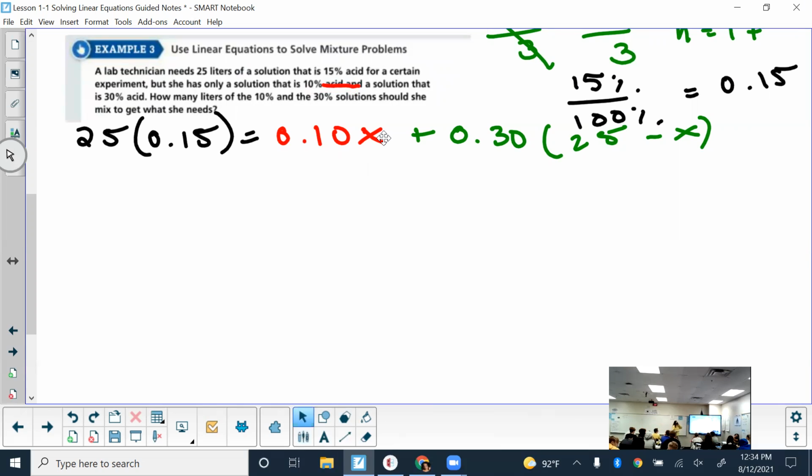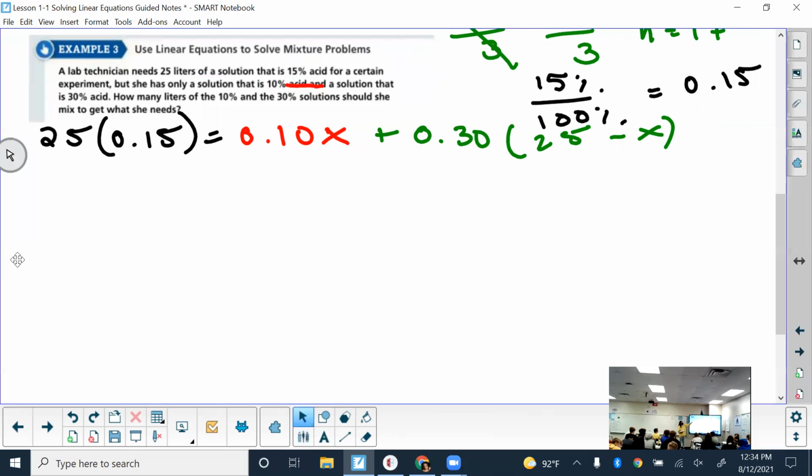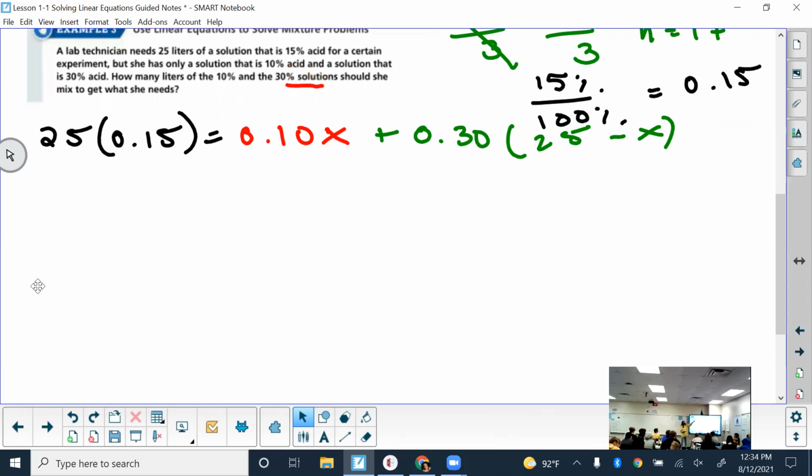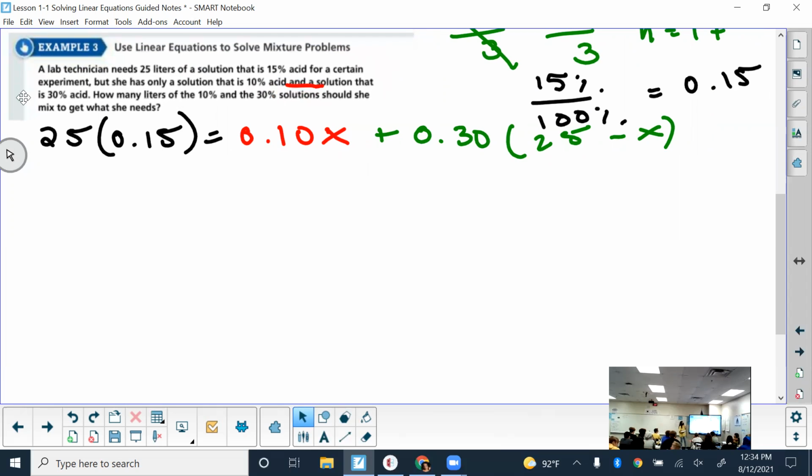So we have 25 liters of a solution that is 15% acid. So the 0.15 is 15% as a decimal. That's what we need. So what you need is going to be written down first, right here, except the percent needs to be a decimal. All right. Any other questions?